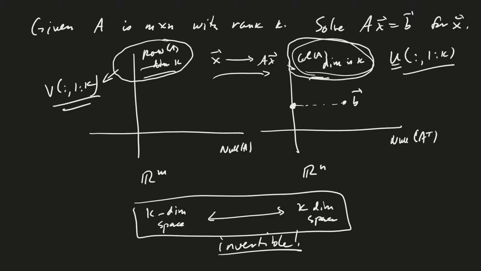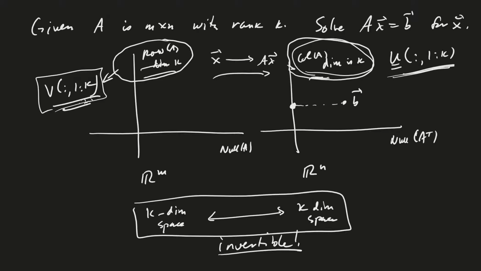Okay, so our mapping now is going to be between the space spanned by the first k columns of V, and the space spanned by the first k columns of U. Very good.